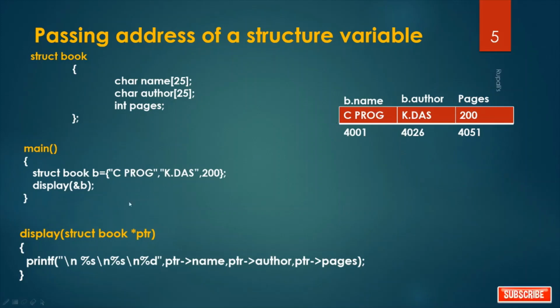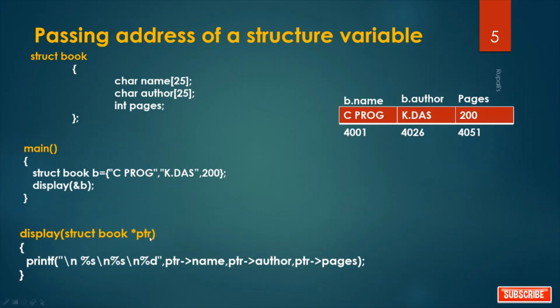So in the parameter you have to declare one variable that can hold the address of the structure. So here you have to declare one pointer variable of type book. You have to write struct book star ptr, meaning ptr can hold the address of type struct book.